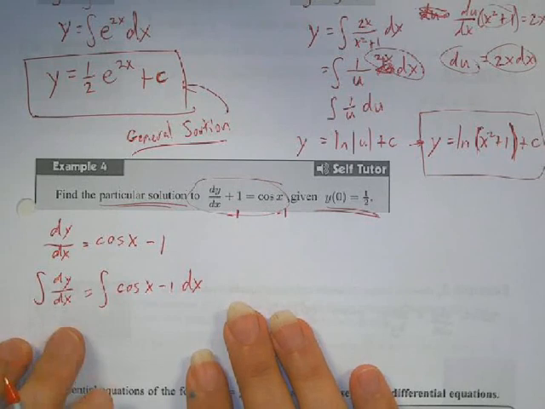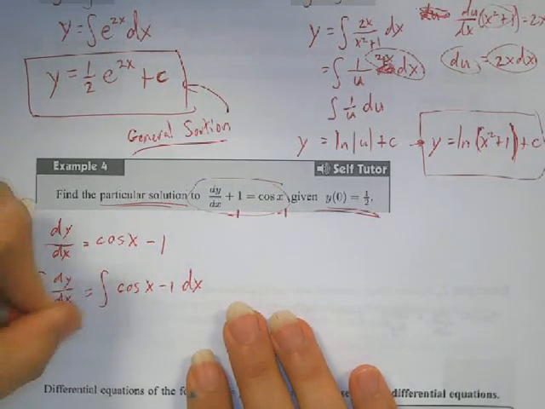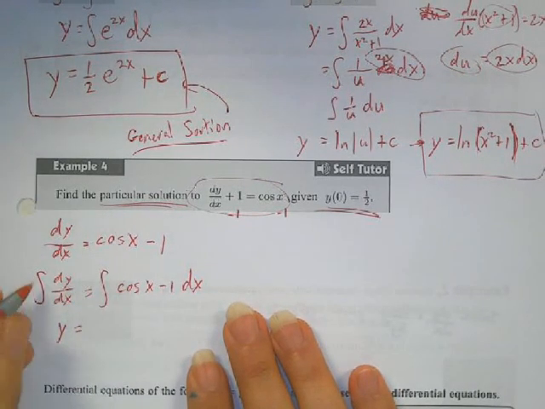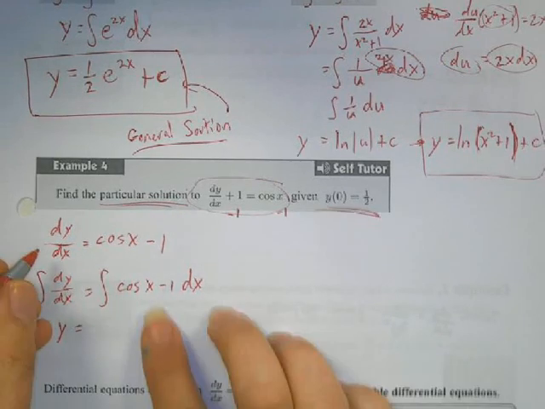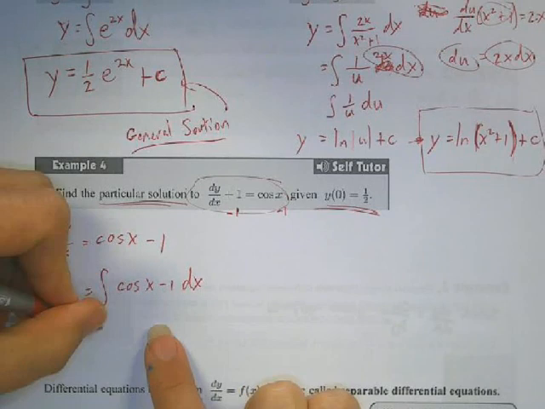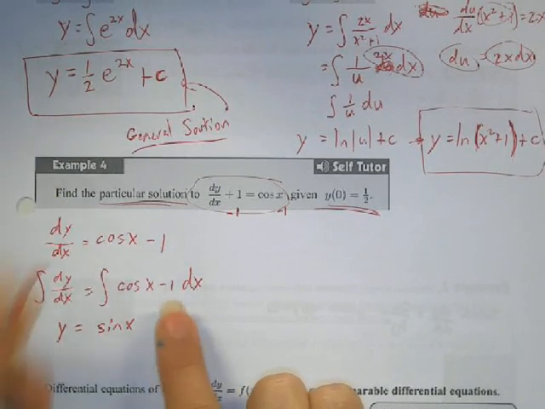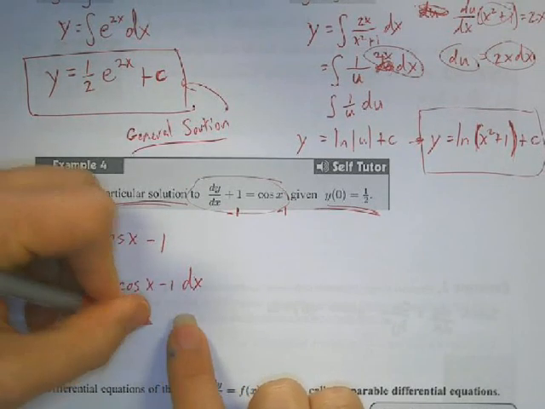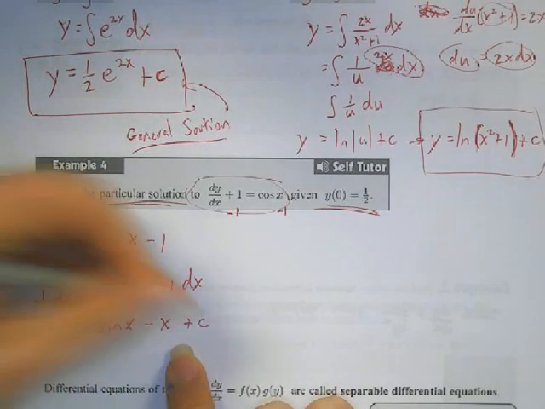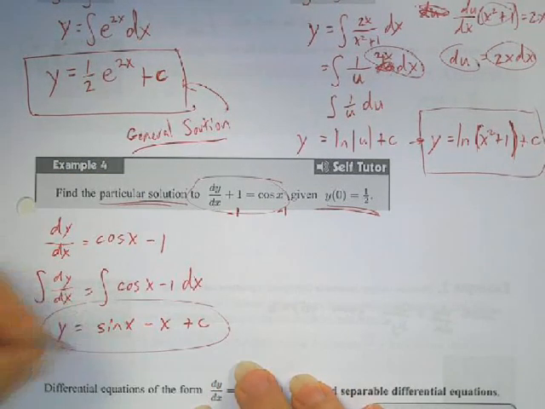Then we get y equals, the antiderivative of cosine is sine x, and the antiderivative of -1 is negative x, and then we have to add plus c. So this is our general solution.